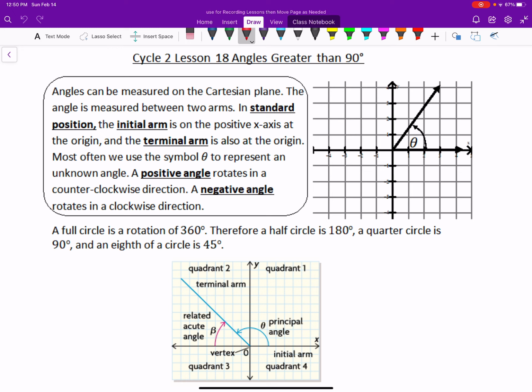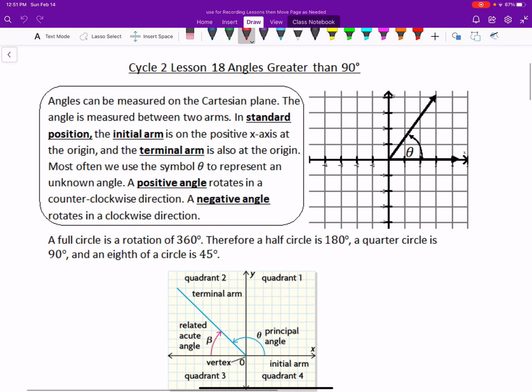So if we want to put angles on the Cartesian plane, here's what we do as a standard procedure. We start at the origin, so our angle is always measured from the origin. And so we have what's called an initial arm. That's the one that's always on the x-axis. And then we rotate from there a certain number of degrees.